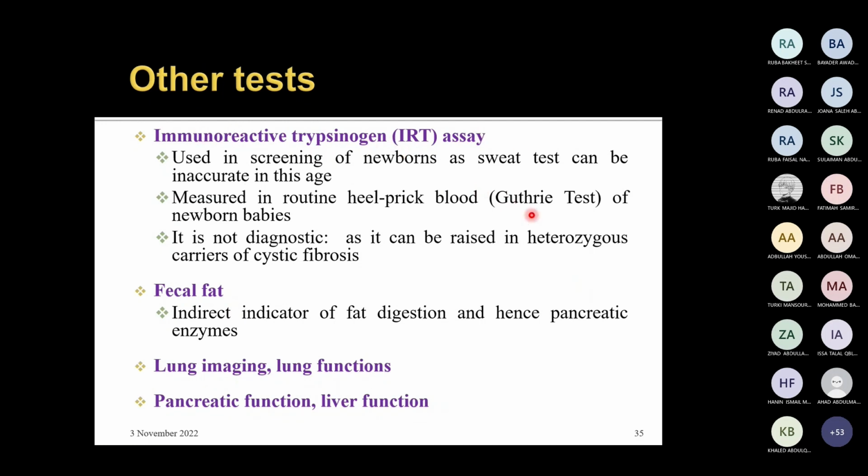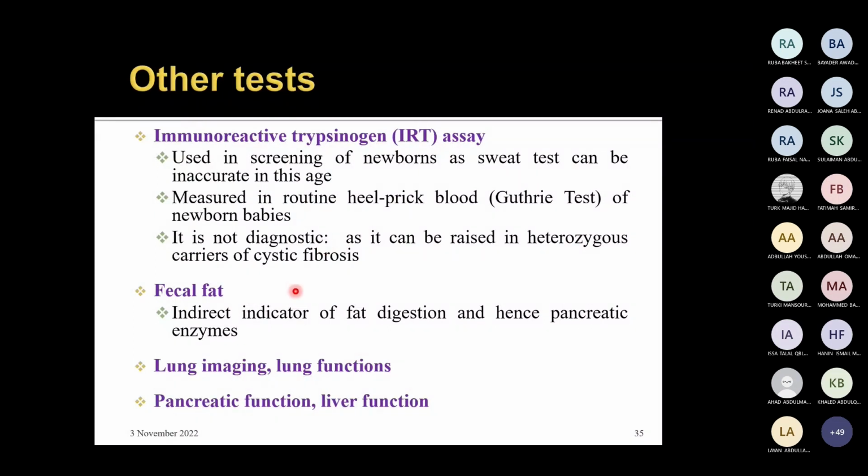If we find it high, we bring this child back to do a confirmatory test of cystic fibrosis. It is not diagnostic because in heterozygous patients, carriers of cystic fibrosis, it's also high. So it is not confirmatory of a clear-cut case of cystic fibrosis. It just gives me a hint, just a suspicion. So it is a screening test.